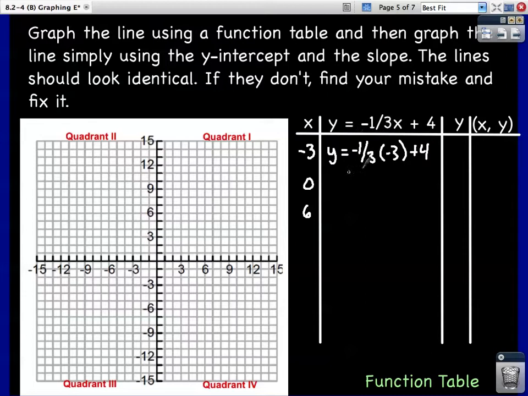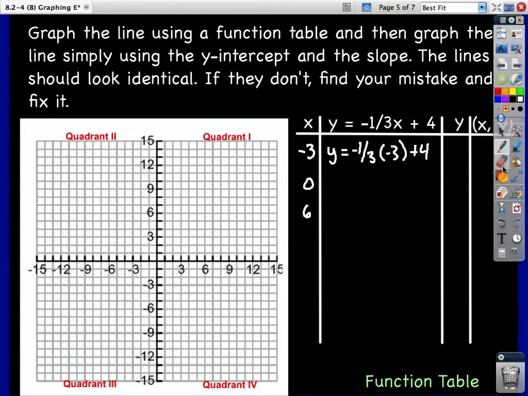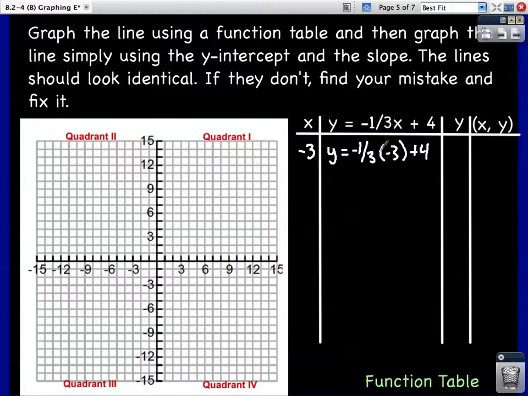And all of this equals, and what I'll do here is I'll erase these values so I can show you the math on this so it makes more sense. The next step here would be negative 1/3 times a negative 3 over 1, so I change this into a fraction, plus 4. What I end up getting here is a negative 3 over a negative 3, or 3 over 3, which is 1, plus 4.